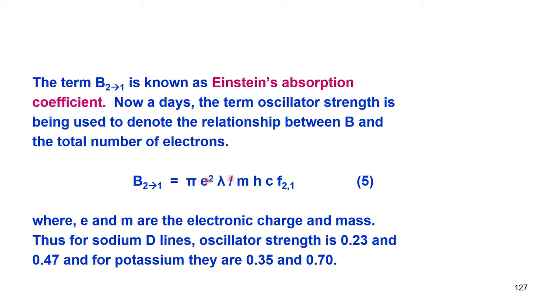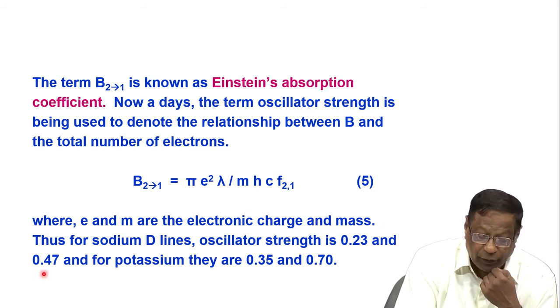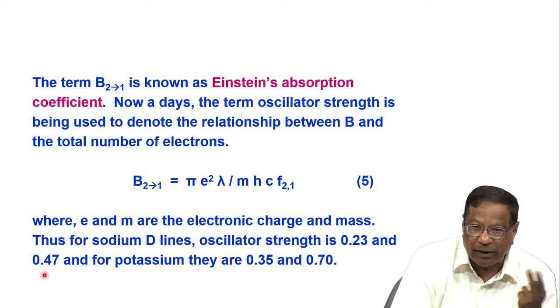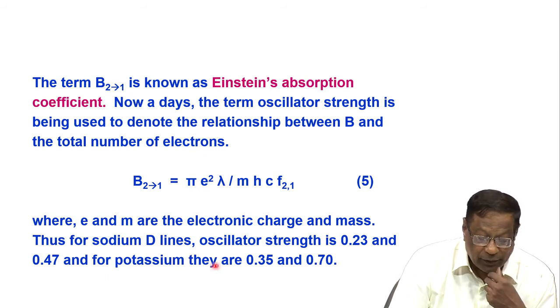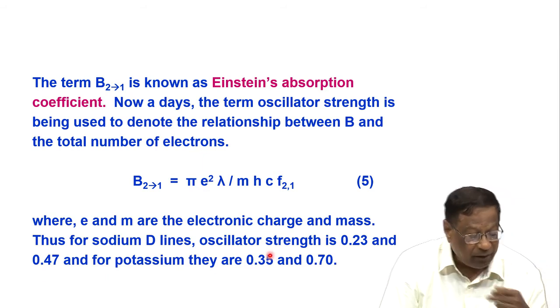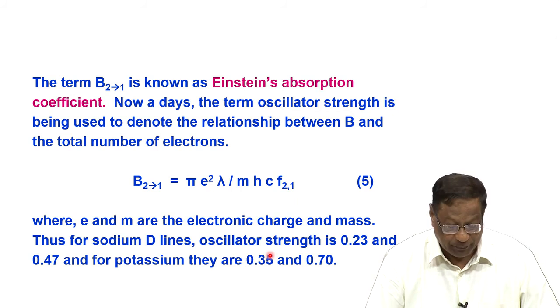For sodium D lines, oscillator strength is 0.23. If I put all these numbers for sodium, I get approximately 0.23 and 0.47 for the two resonance lines, and for potassium they are 0.35 and 0.70.